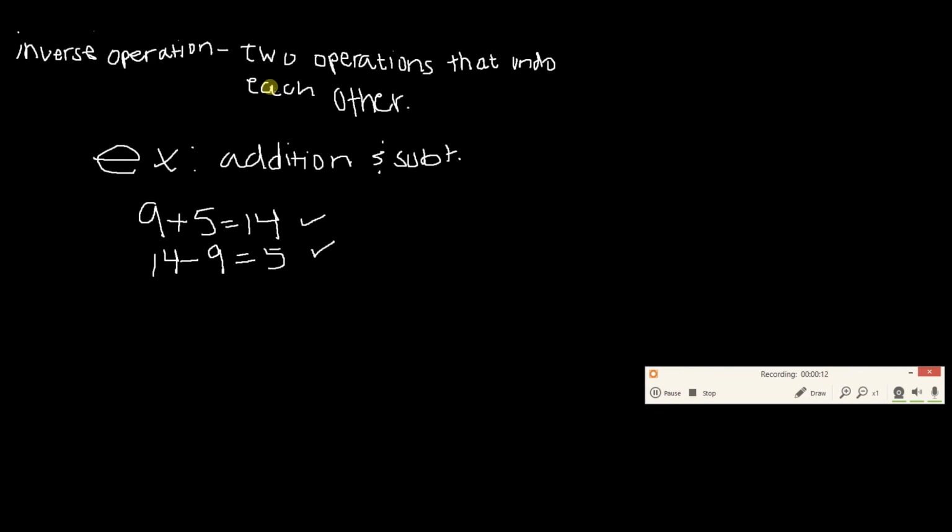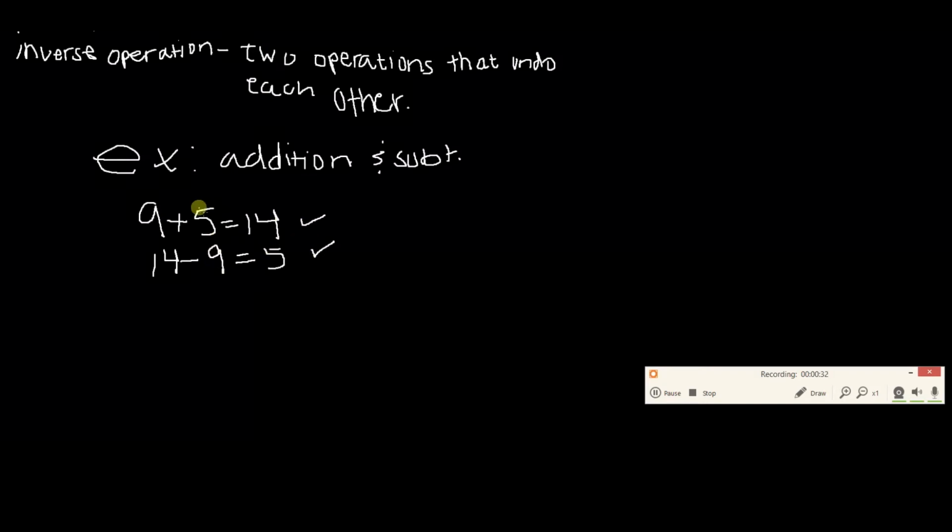The first one that we're going to be discussing is inverse operation. Now, inverse operation is obviously two operations that undo each other. An example of this is addition, subtraction, multiplication, and division. So if 9 plus 5 equals 14, 14 minus 9 equals 5, or 14 minus 5 equals 9.